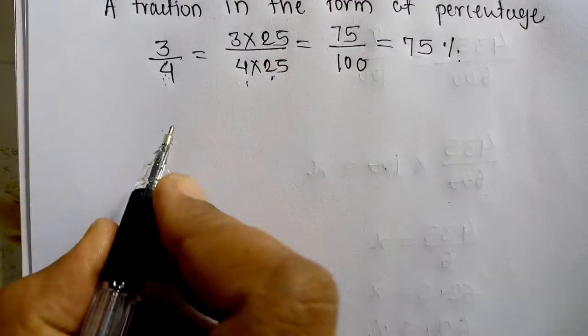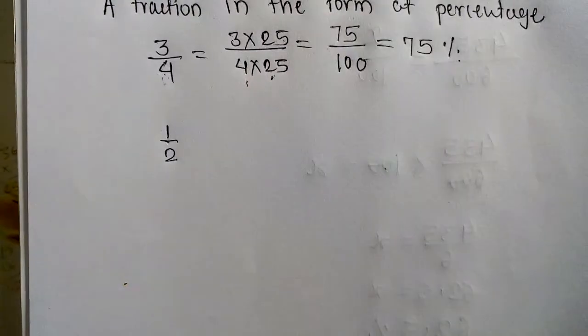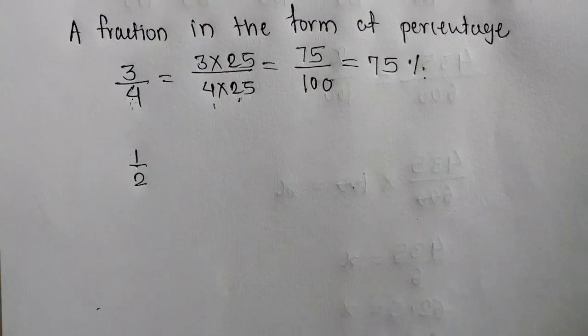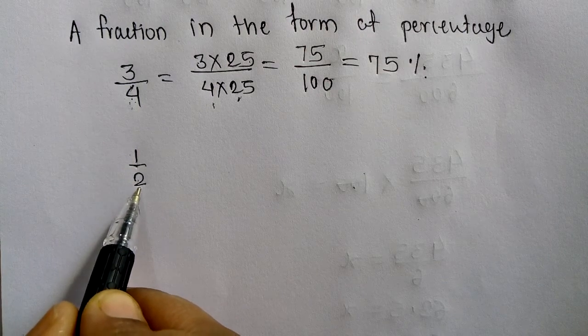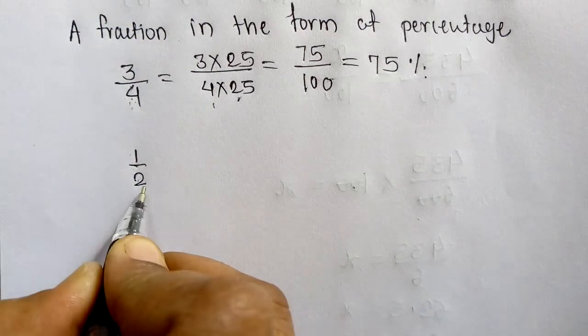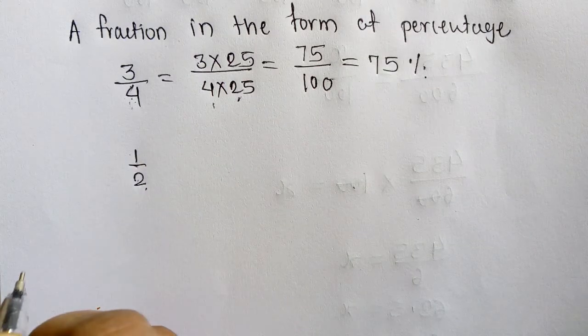One previous example we will take, that is 1 upon 2. So what to do here? We have to make the denominator 100 to find out the percentage. So for making the denominator 100, by which number do we have to multiply this 2? Yeah, correct. By 50. So we will multiply this number by 50, and the numerator also we will multiply by 50.